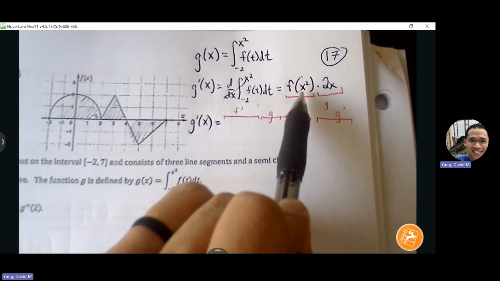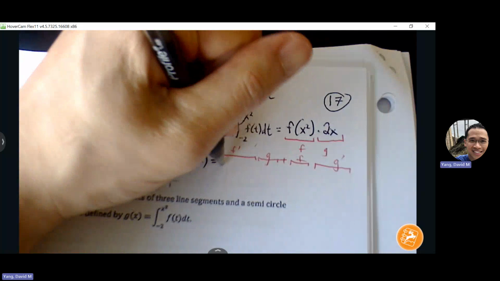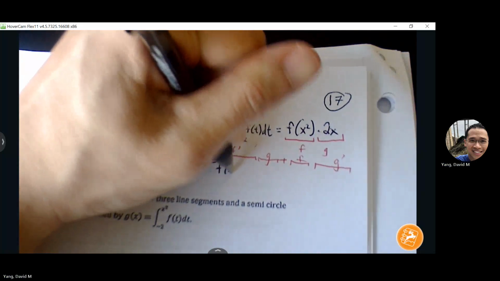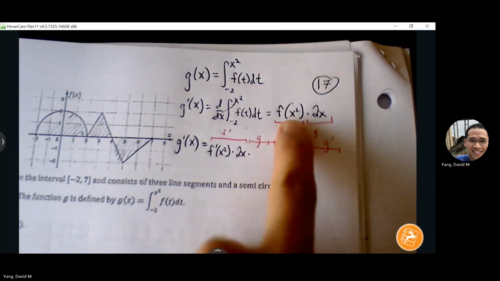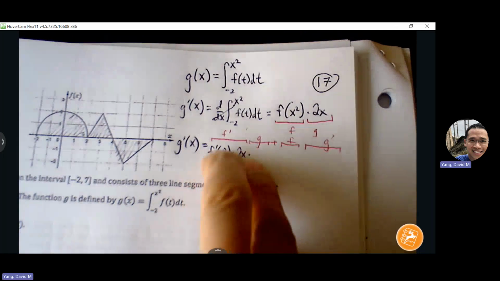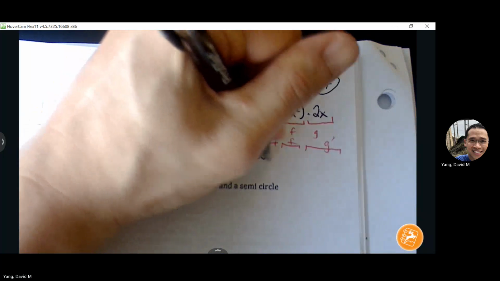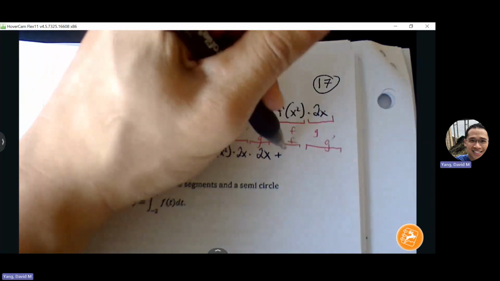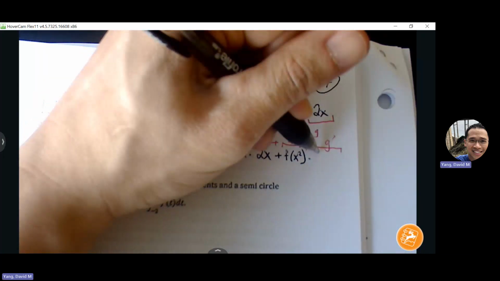So what does chain rule look like for this problem? Okay, so that's the full f prime. Now to the g function. Back to f of x squared, and then g prime is 2.